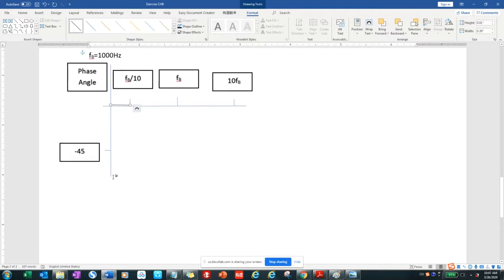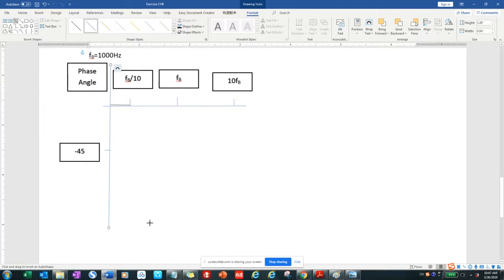Then if the frequency is higher, for the negative arctangent of F over FB, if frequency is much higher, then F over FB is much bigger. You can think of that as infinity. Then we are going to get negative 90 degrees.